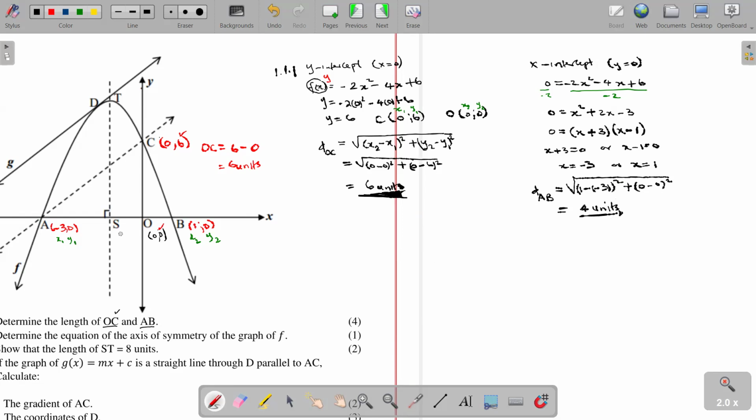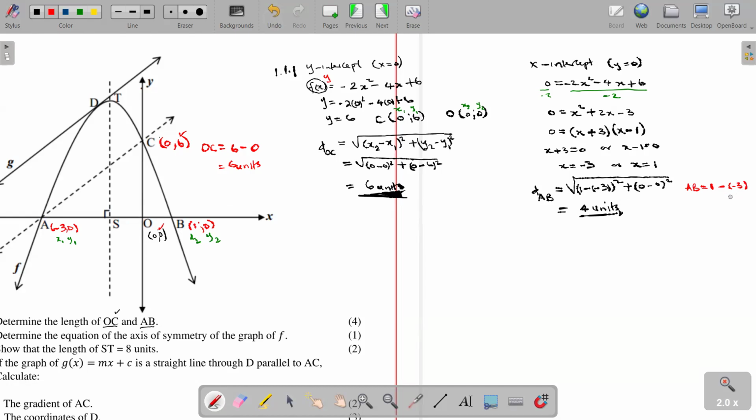But take note, this AB is a horizontal line, so it was possible to get that by just saying AB will be equal to the x value on the right, which is 1, minus the x value on the left there, which is minus 3.